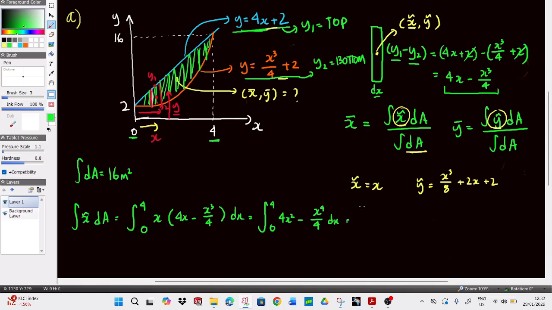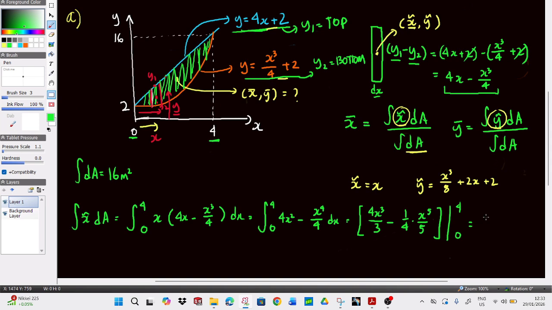You would have 4x cubed over 3 minus 1/4 times x to the power of 5 over 5. Then you put in the limits 4 and 0, and your final answer becomes 4 over 3 times 4 cubed minus 1/4 times 4 to the power of 5 over 5.